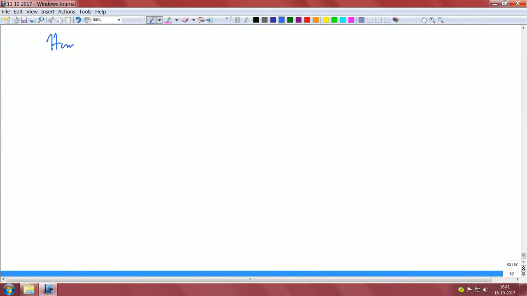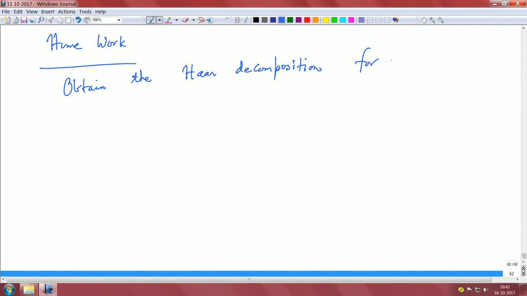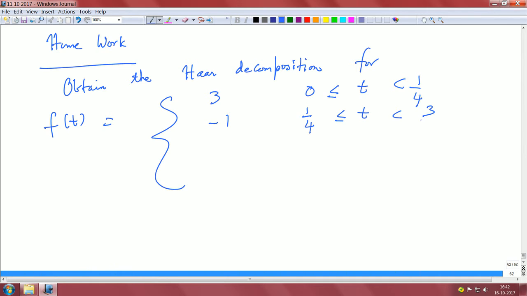Okay, I will give you a homework exercise here. Obtain the Haar decomposition for f of t equals 3 for 0 less than or equal to t less than 1/4, minus 1 between 1/4 and 3/8, 2 between 3/8 to 5/8 and 0 between 5/8 and 1.